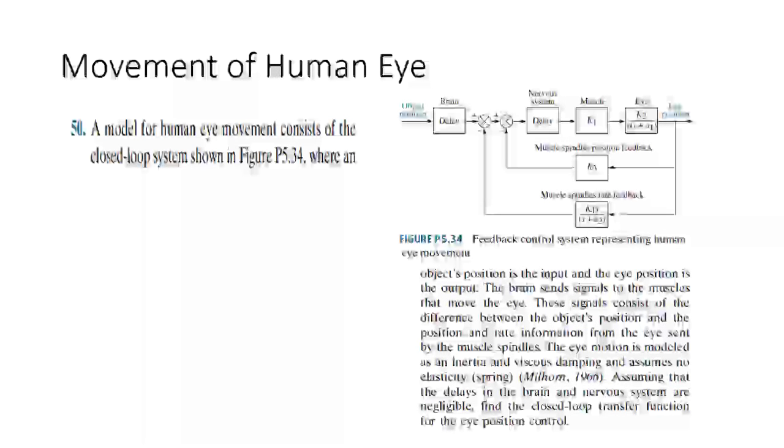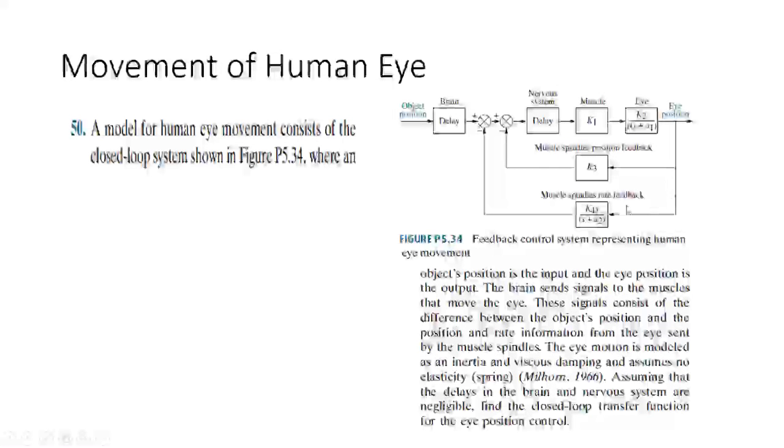Muscle spindles are skeletal muscle sensory receptors within the body of a muscle that primarily detect changes in the length of the muscle, contributing to fine motor control and providing axial and limb position information to the control nervous system. So this is the brief explanation of muscle spindle position feedback, where the transfer function is K3.